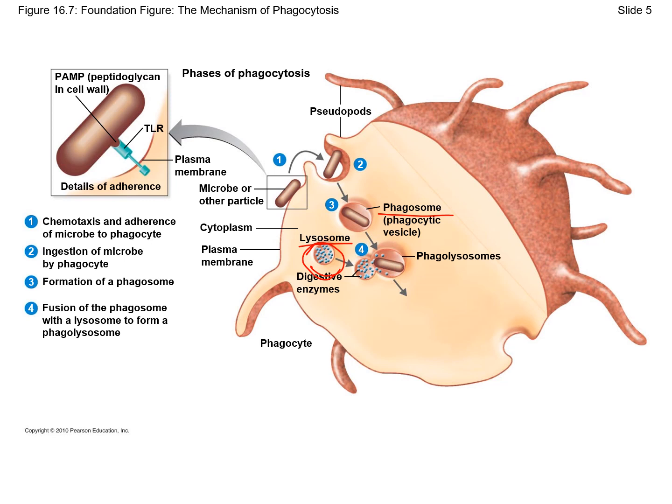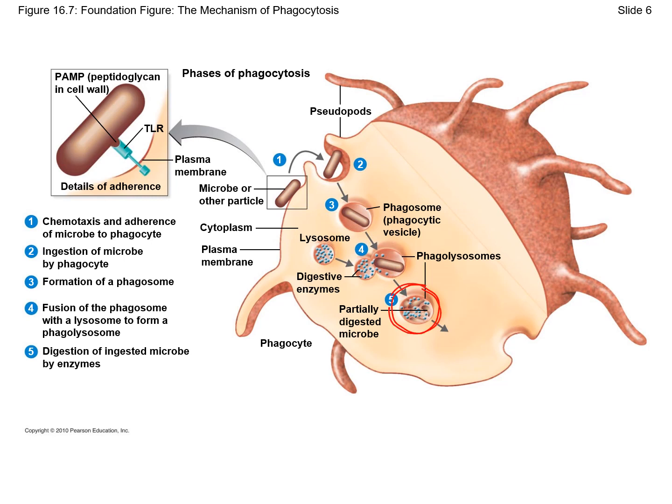So in order to have digestion take place, the lysosome and phagosome need to fuse together, and the resulting vesicle will be called a phagolysosome. And now those digestive enzymes come in contact with the microbe and start digesting the microbe. And this part of the image shows the microbe being broken down by those digestive enzymes.